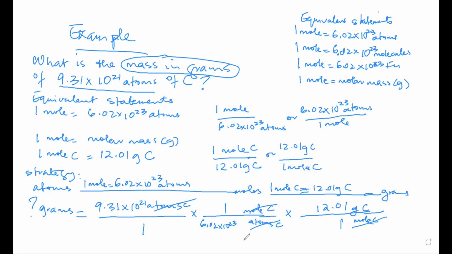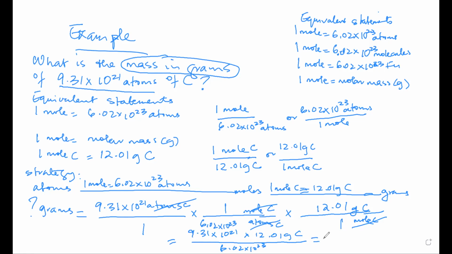Then we multiply the top and divide by the bottom. So that should be, I don't have a lot of space here, 10 to 21 times 12.01 grams of carbon divided by 6.02 times 10 to 23.